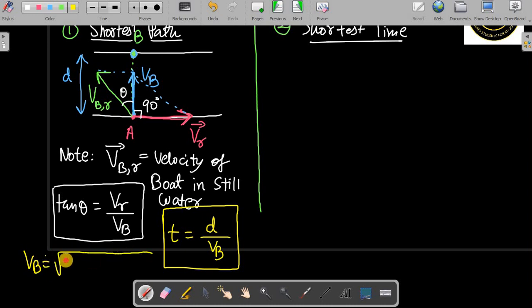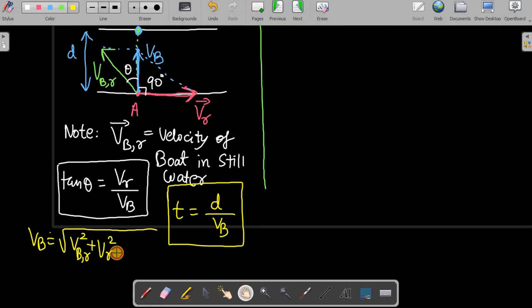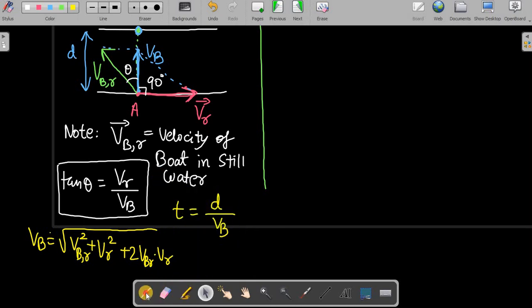So Vb is root under Vbr whole square plus Vr square plus 2ab cos theta, that means 2 Vbr into Vr cos theta. Cos theta means here cos of 90 plus theta. Cos 90 plus theta, what will it be? First of all, cos is negative there, so let me write first cos 90 plus theta.